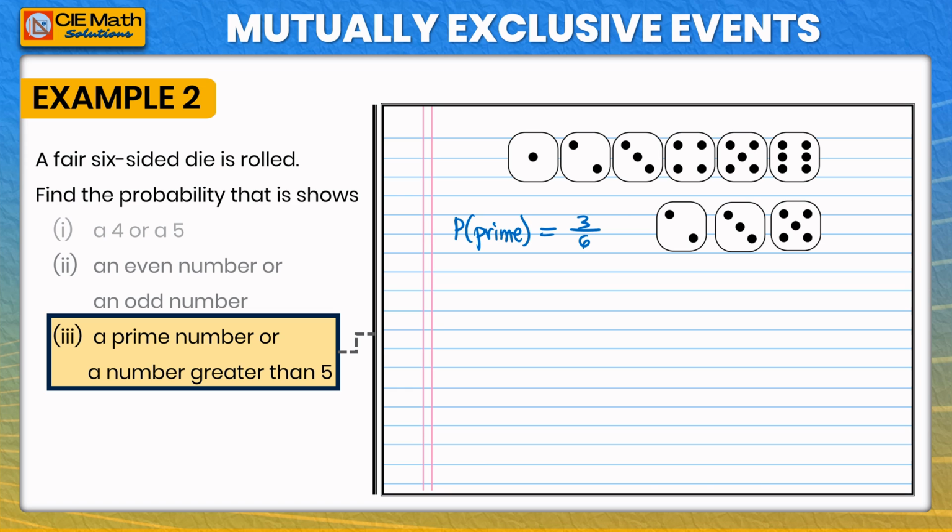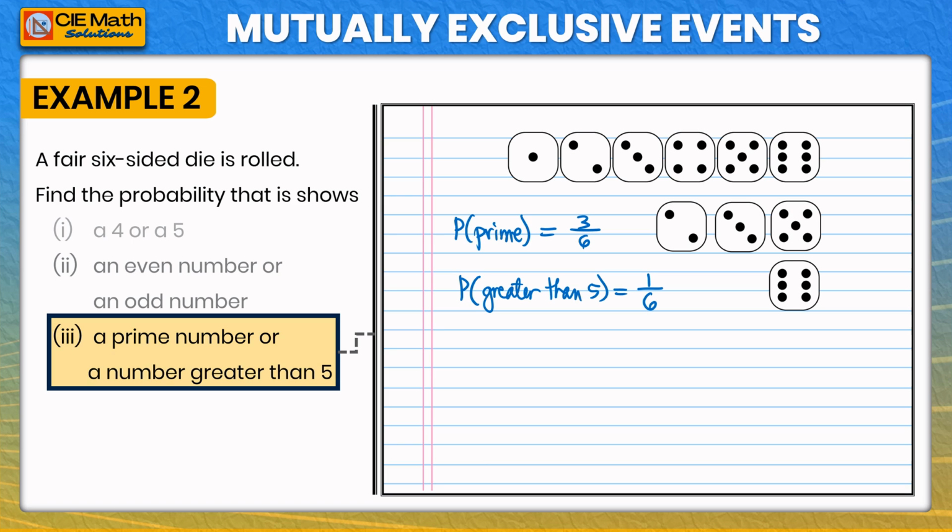The second part is a number greater than 5. So a number greater than 5 will definitely be 6 only. So the probability then of getting a number greater than 5 is equal to 1 over 6.